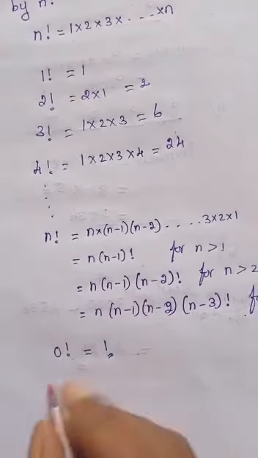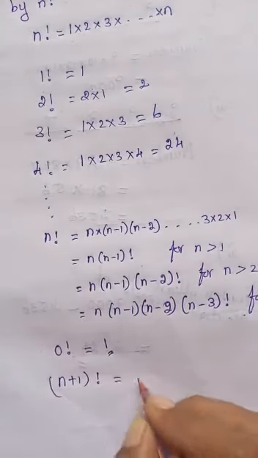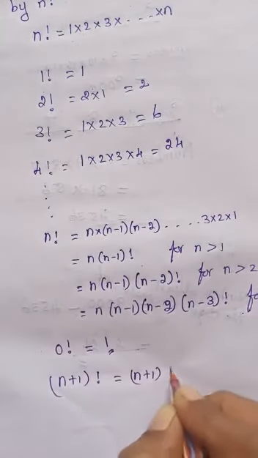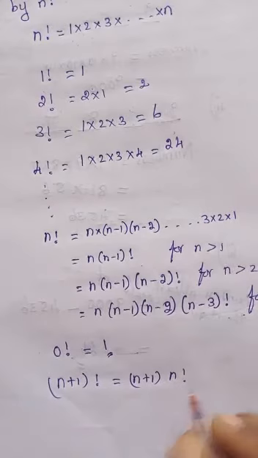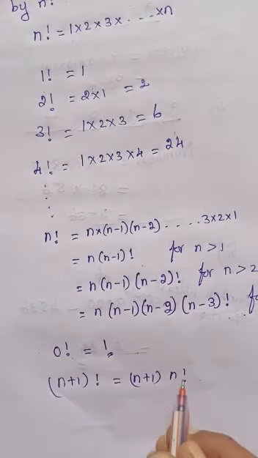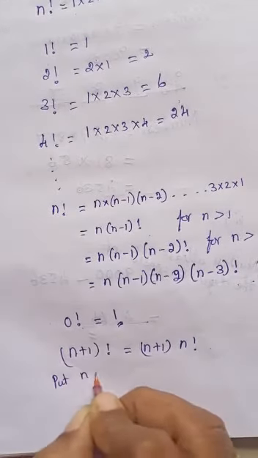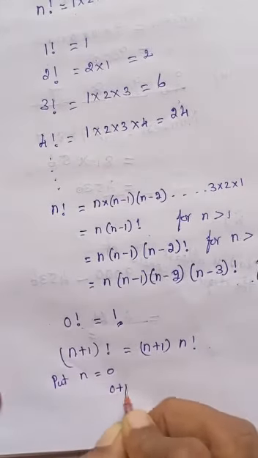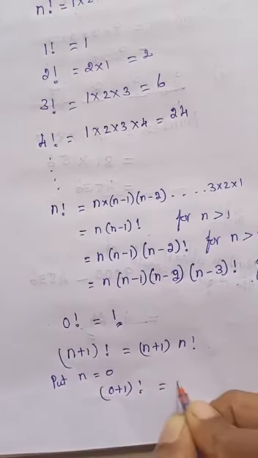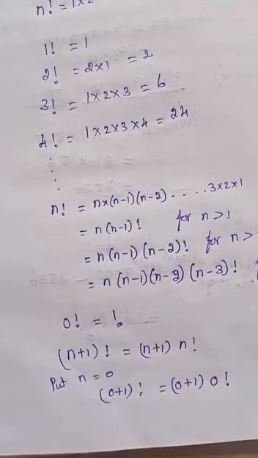See, shall we check it? For example, what about (n plus 1) factorial? This can be written as (n plus 1) into n factorial. Am I right? Now put n equal to 0. What happens? (0 plus 1) factorial equals (0 plus 1) into 0 factorial.